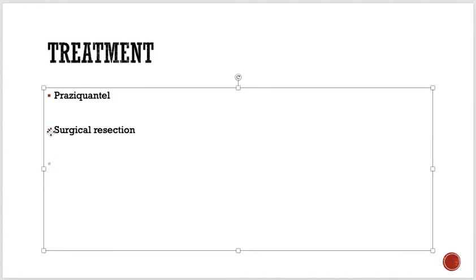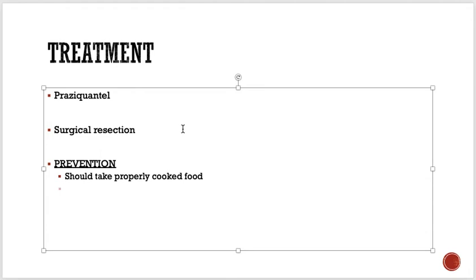How do we prevent this condition? Prevention or prophylaxis, as we have discussed before, and we always discuss this for all these parasites. Of course, the same thing: everyone should take properly cooked food.